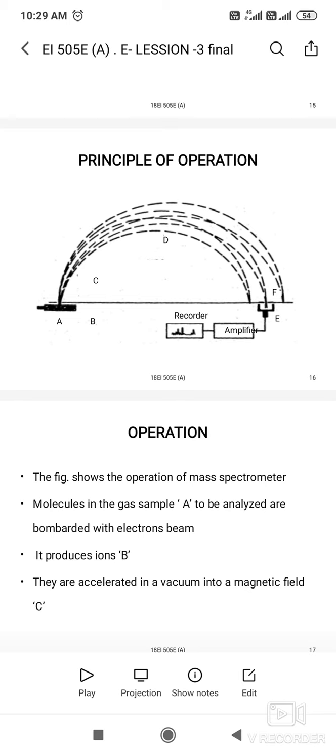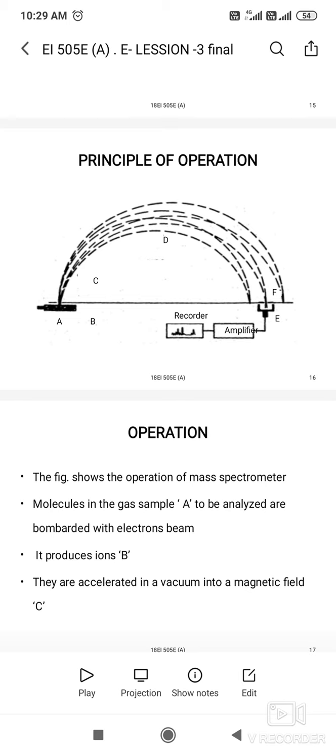These masses are collected using the electrometer tube, that is E. The electrometer tube converts these ions into current, which is amplified by an amplifier and then given to the recorder. The recorder gives the mass spectrum.